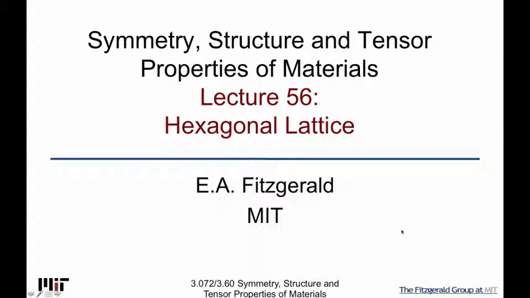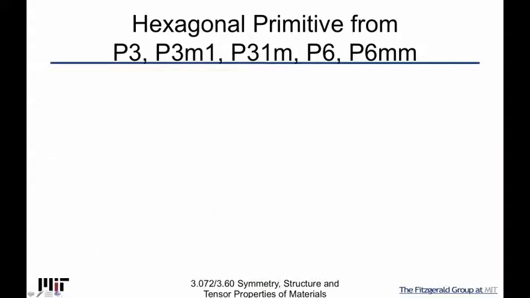So for the hexagonal lattice, we can break this down into two parts. The first part is just to recognize that the hexagonal primitive, from any of the hexagonal lattices we did in 2D, of course, always has the option that if you just go straight up, it's just reproducing that same lattice. So in other words, if we look at our P3, and this is not a generic thing, this is meant to be 60 degrees, which is not a very good 60 degree drawing here.